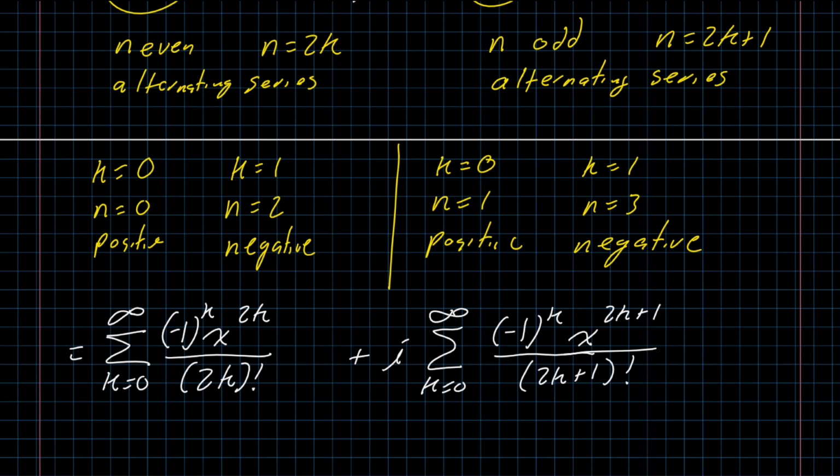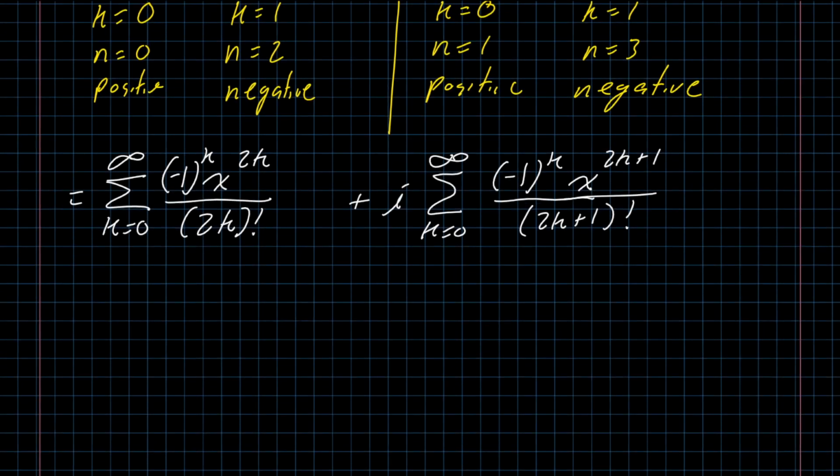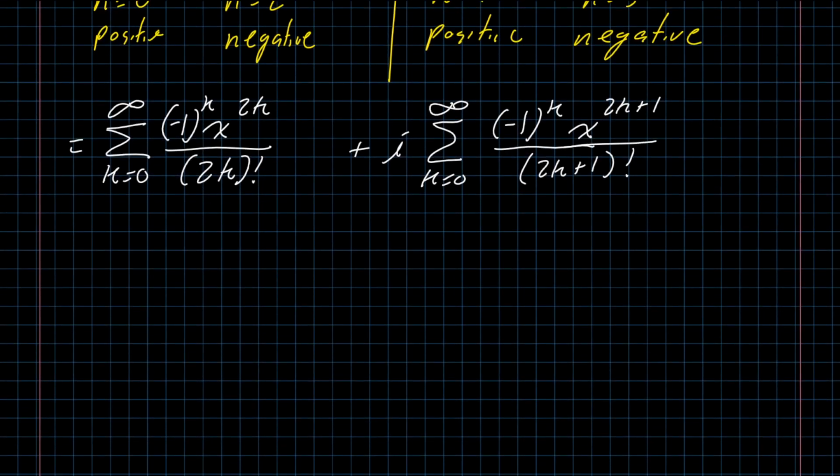And those should be very familiar to you. I wrote those down near the beginning of the video. This first thing is the power series expansion for cosine of x. And the second summation is the power series expansion for sine of x.